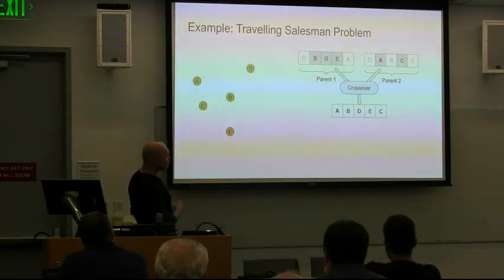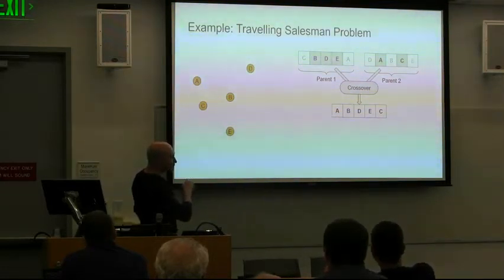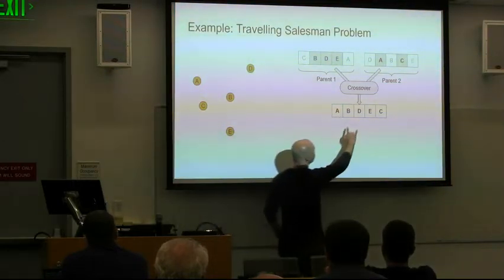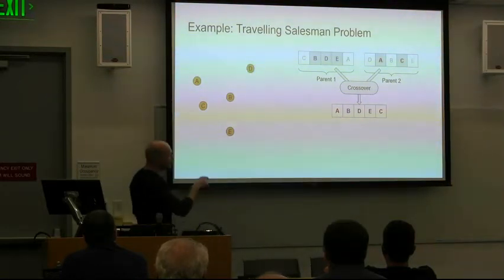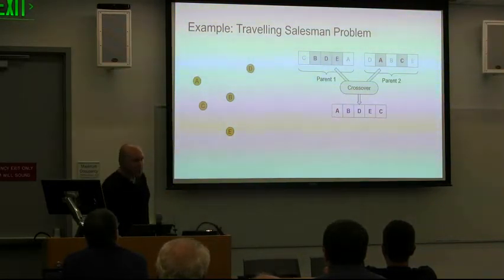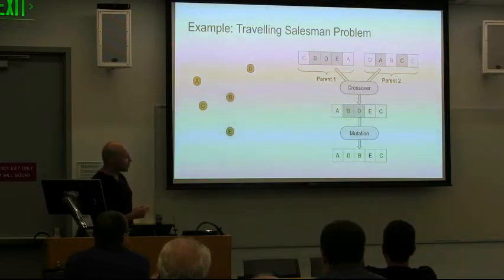So this particular crossover operation, I believe it's called OX crossover for the TSP problem, simply picks a random substring in parent 1 and copies it directly to the offspring, B D, and then it fills the rest of the cities with the cities from parent 2, preserving the order. And then the next operator is mutation. Mutation here is taking two random cities in a solution and swapping them.